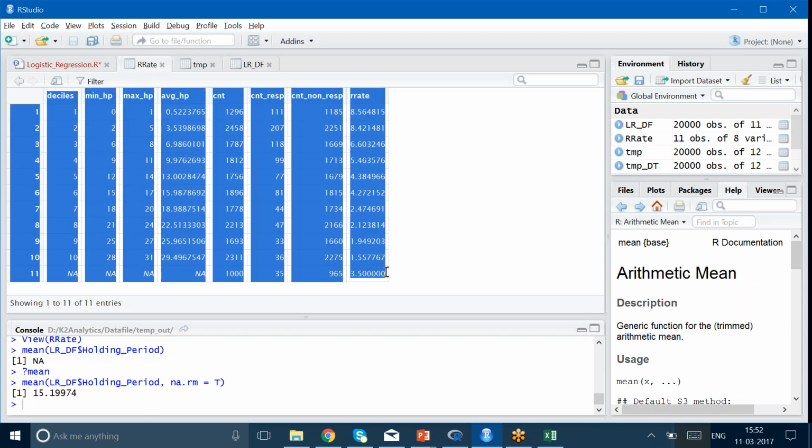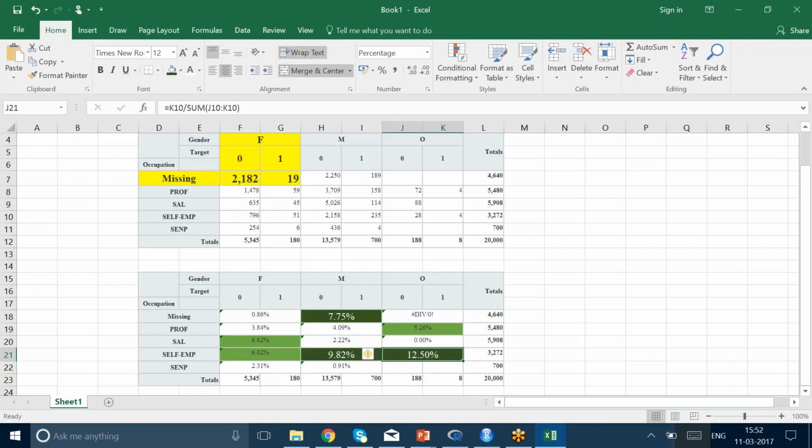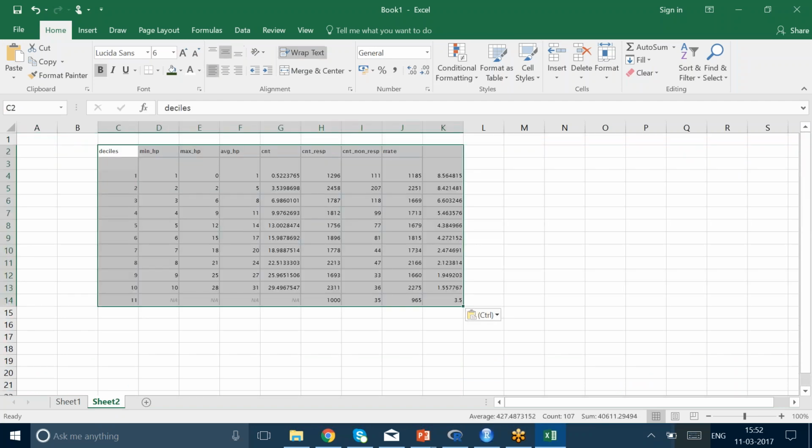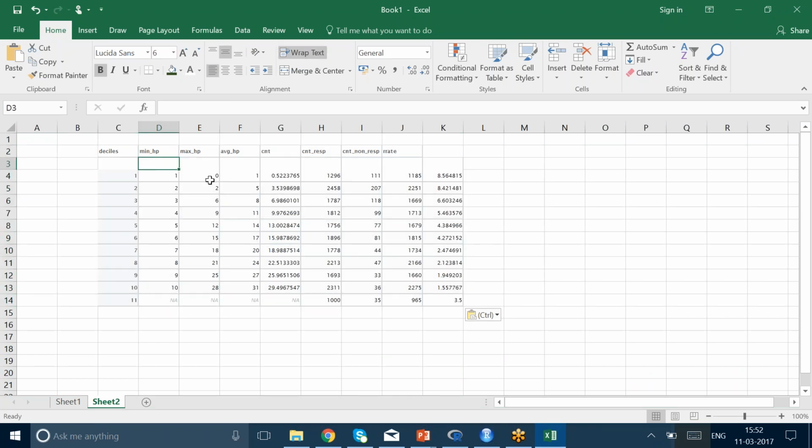Let me take this data in Excel. This is my data table. If I say these were zeros, then they would have got combined with this decile. If they would have got combined with this decile, so let me create a new decile. And the range would be, the headers have moved.